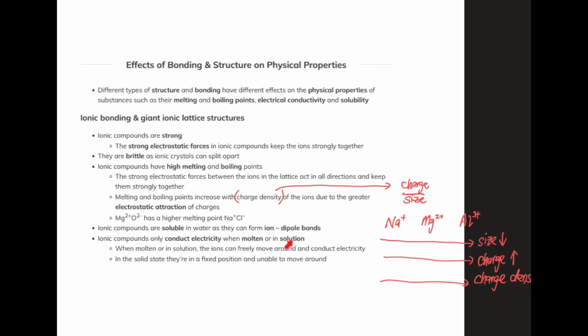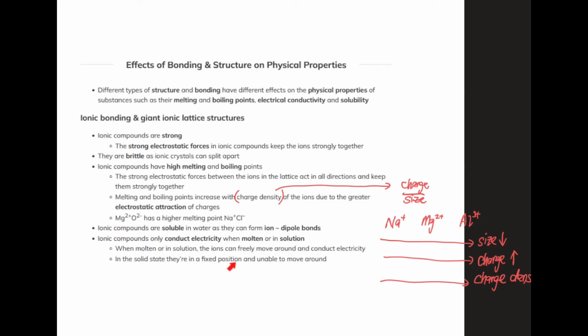Likewise in solutions, when the ions dissolve, they are not held by the ionic bonds anymore, they are freely moving around, so it can conduct electricity. So when molten or in solution, the ions can freely move around and conduct electricity. In the solid state, they are in a fixed position and unable to move around.